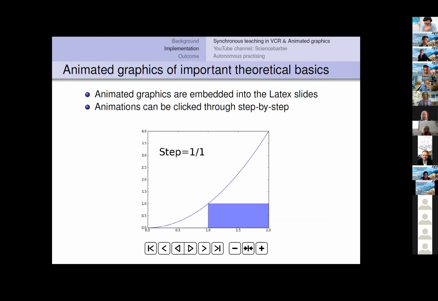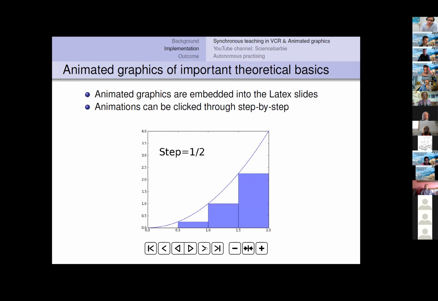So to support this autonomous practicing, what I did is I embedded animated graphics of more or less all important theoretical basics and theorems and concepts into my LaTeX slides. So the students can download these LaTeX slides and then they can click through these animations step by step. So we have an example here of the concept of a Riemann integral.